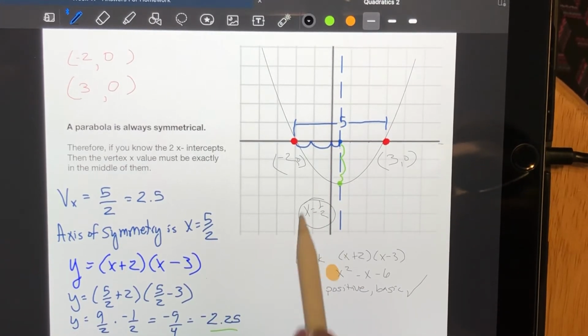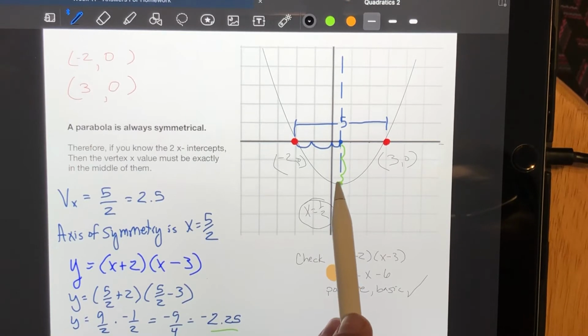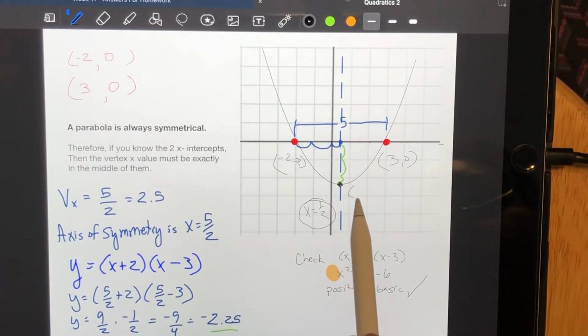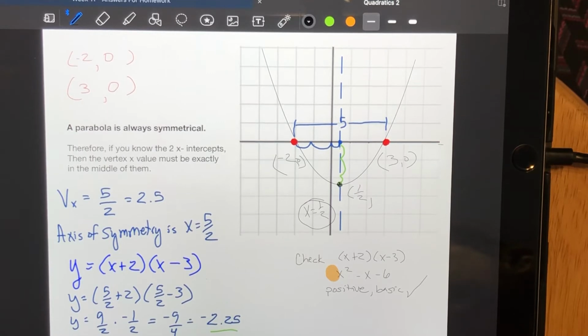If my axis of symmetry is x equals 1/2, it means that the x value of my vertex is also 1/2. Now that I know the x value of my vertex, I can plug that directly back into my equation, and I can find the y value of my vertex.